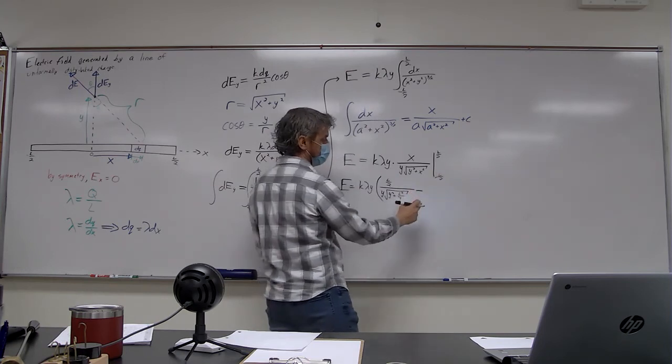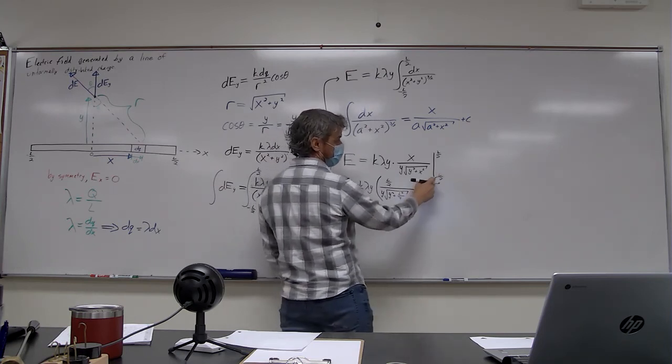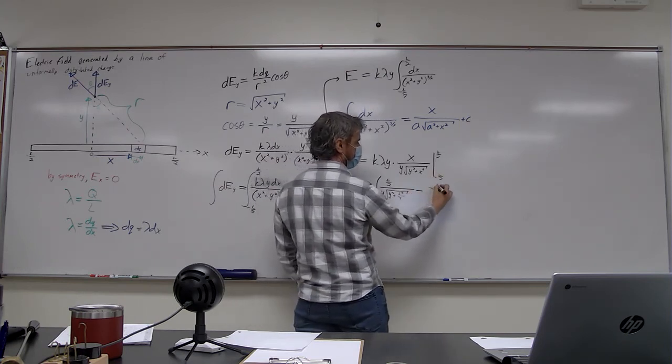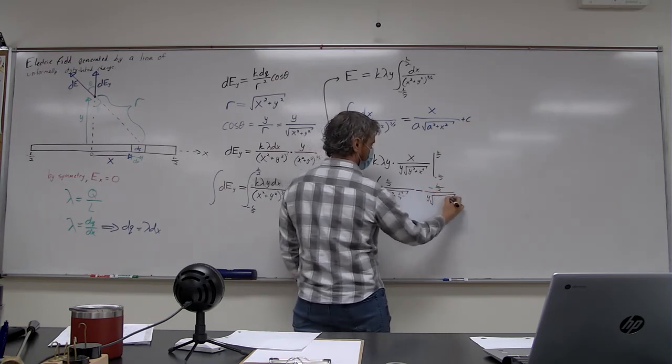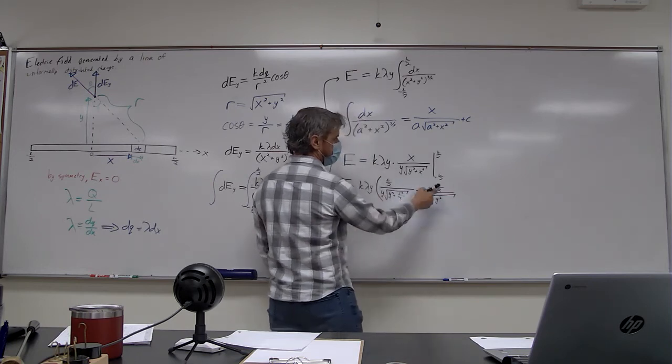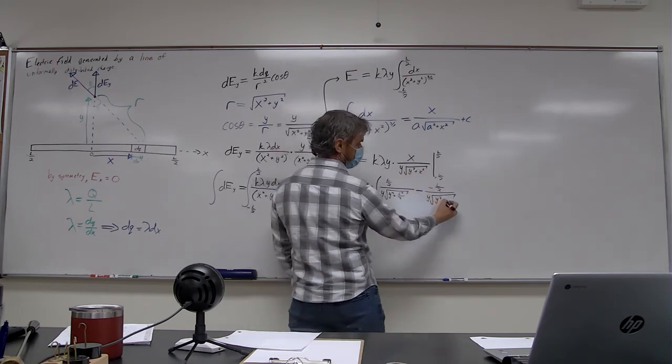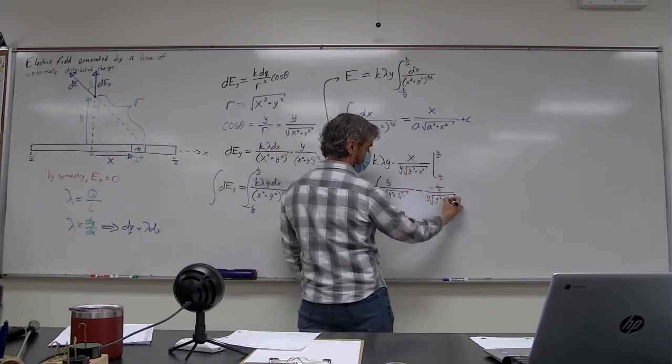Evaluating the limits of integration, I subtract always, but then I have a negative L over 2 over y times the square root of y squared. And it is negative L over 2, but that gets squared, so it's going to be plus, again, L squared over 4.